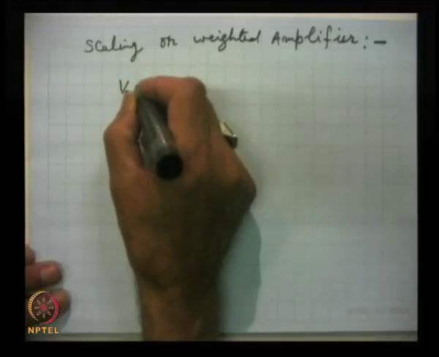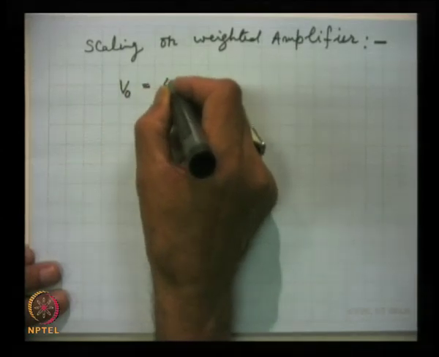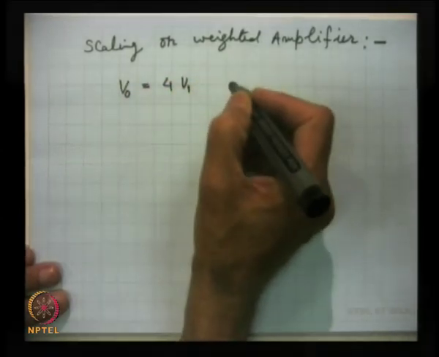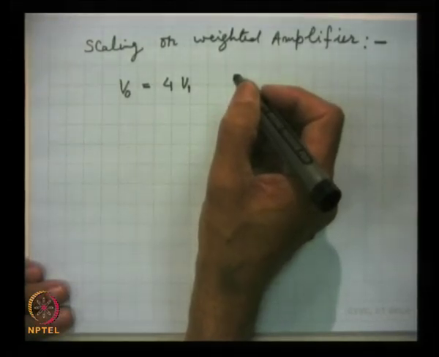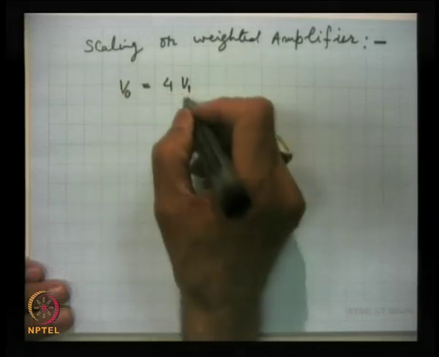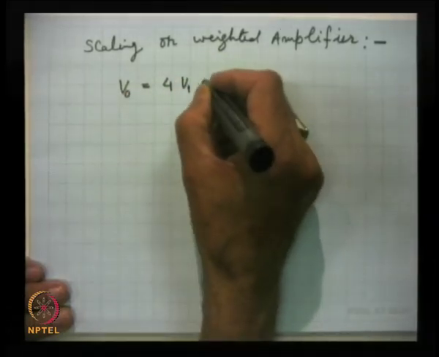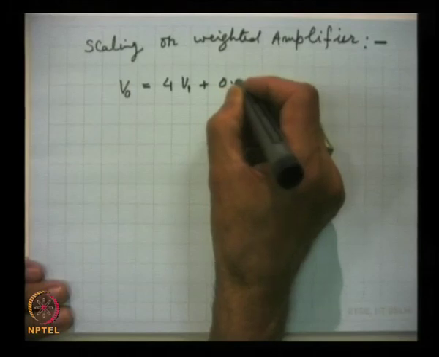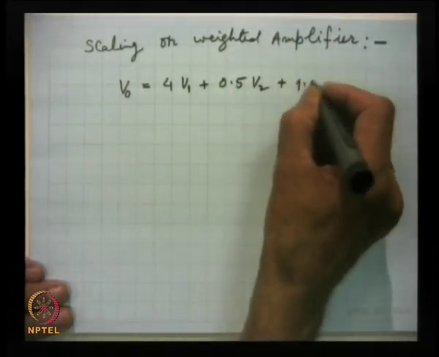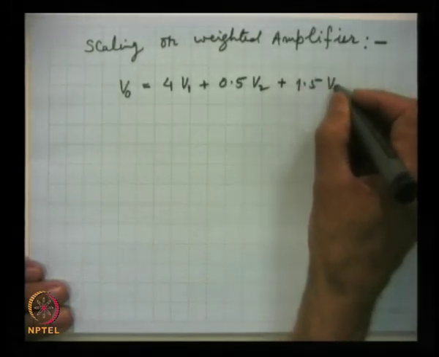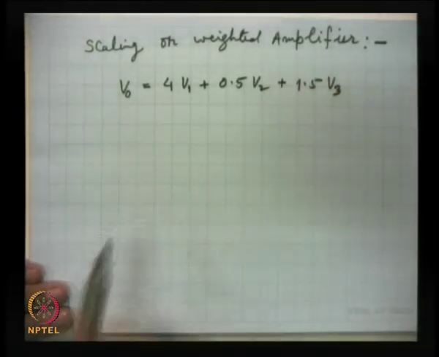Such amplifiers are needed. For example, if we want that the output should be, when V1, V2, V3 are the input voltages, then the output should meet this requirement. That means this equation should be satisfied. This is an equation.